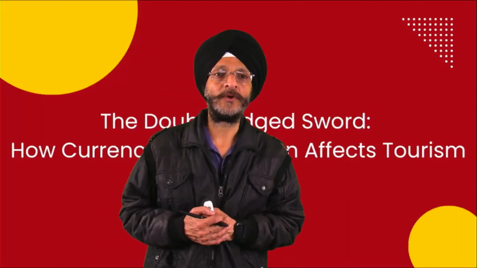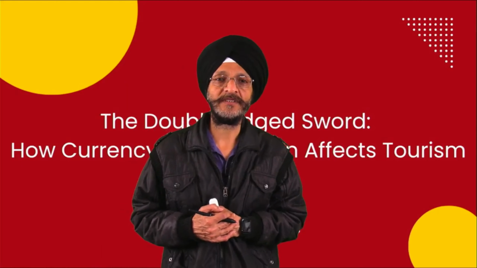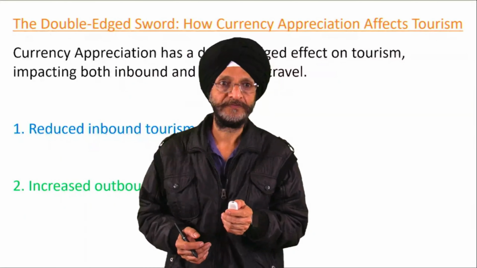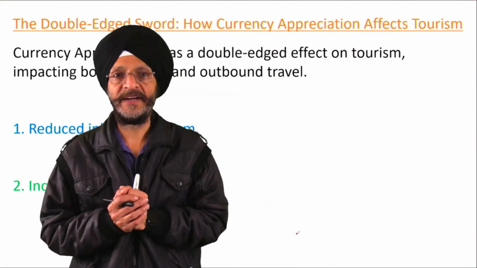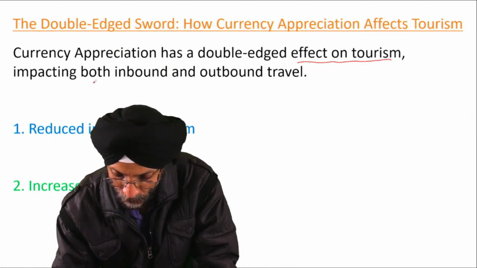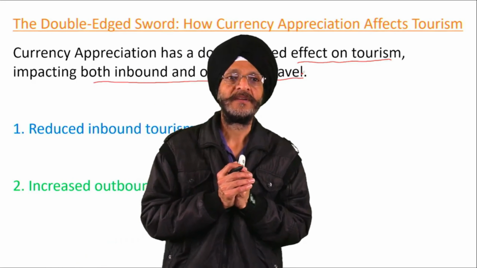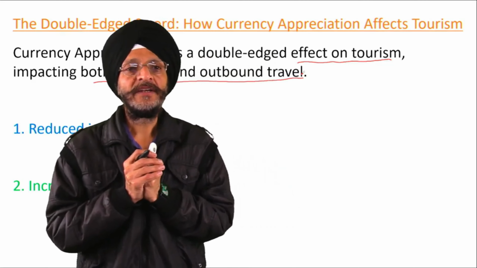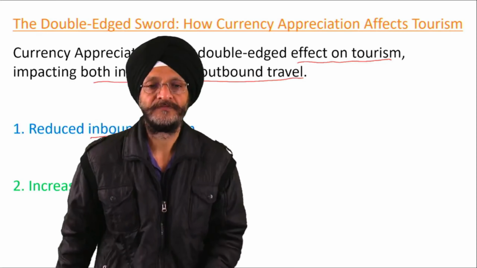Now the topic before us is the double-edged sword: how currency appreciation affects tourism. Currency appreciation has a double-edged effect on tourism. It affects both inbound and outbound travel. First, it adversely affects inbound tourism.